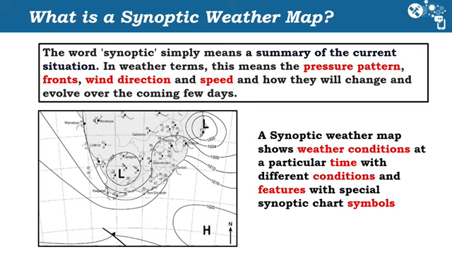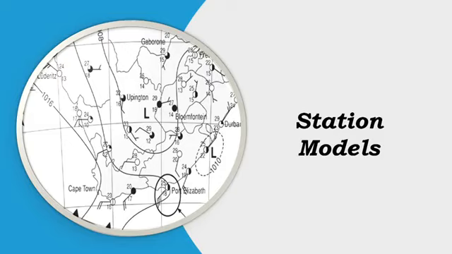A synoptic weather map therefore shows weather conditions at a particular time with different conditions and features using special synoptic chart symbols. So in other words, it's a snapshot of the weather conditions at a particular point in time, and because there are so many weather conditions, we use special symbols that allow us to put so much information onto one map. So that is what a synoptic weather map is.